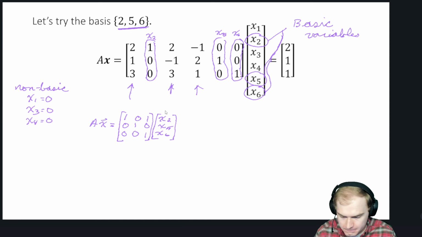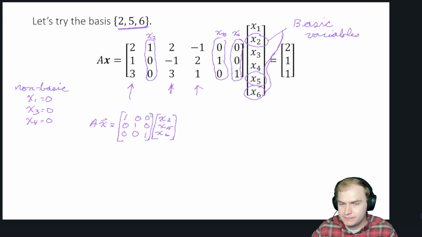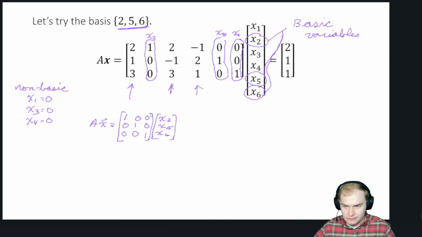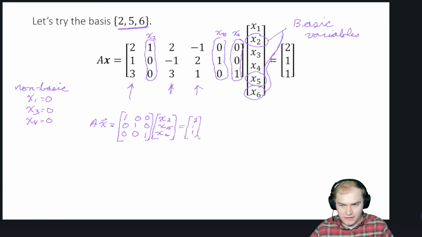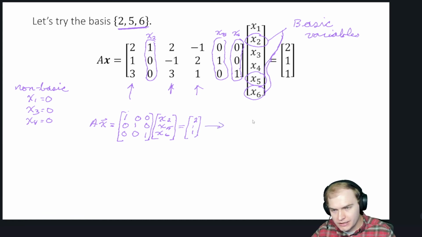Oh, that's slightly wrong. That should be a 0. And this is equal to 2, 1, 1. Now this is already the identity matrix, so that multiplication does not change our vector.